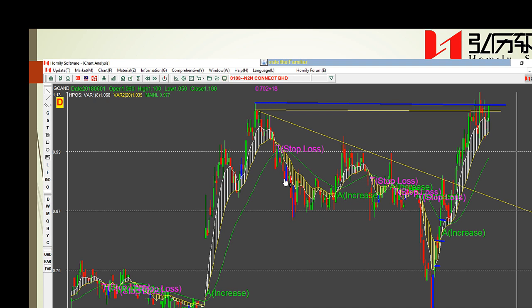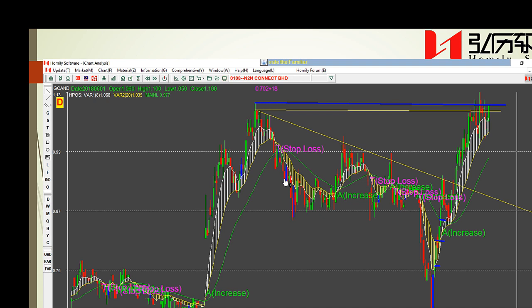We can read the history to find out something very interesting. We can see here the price moves up very quickly and then corrects very quickly, and then here moves up also very quickly.